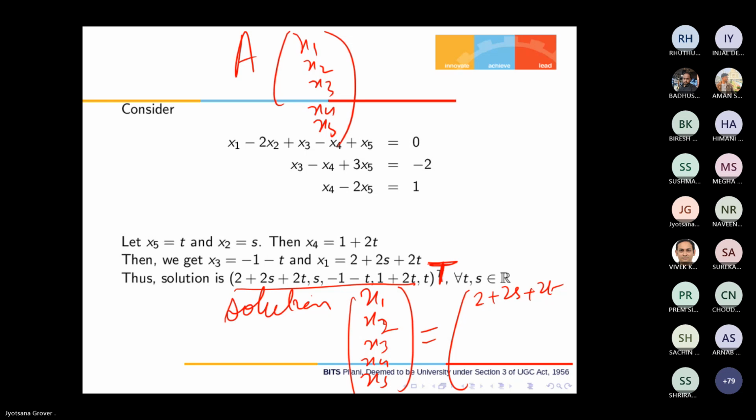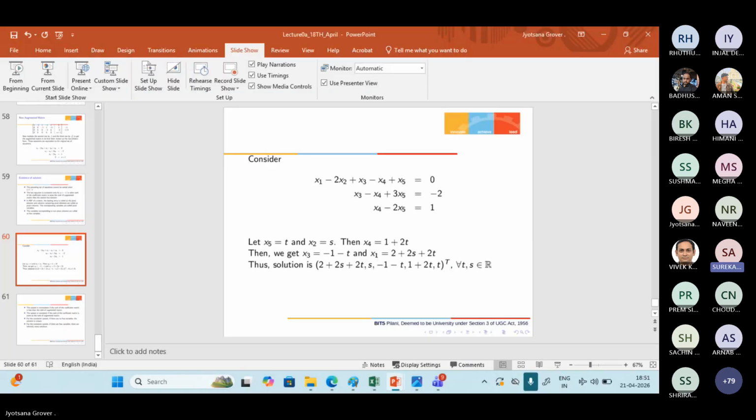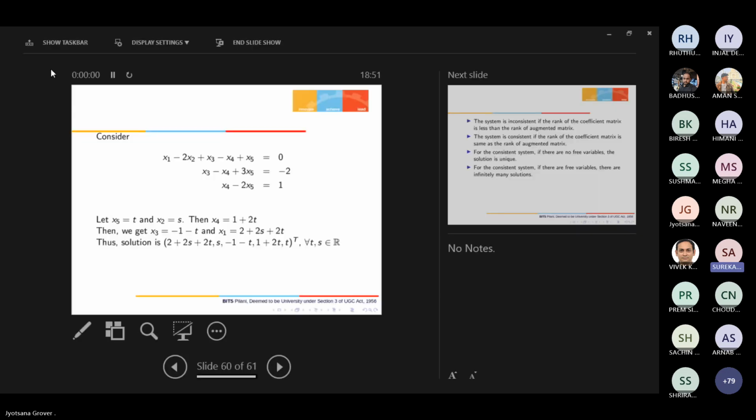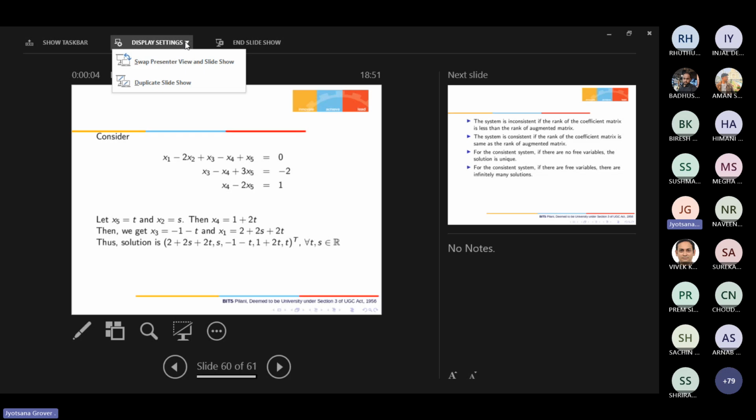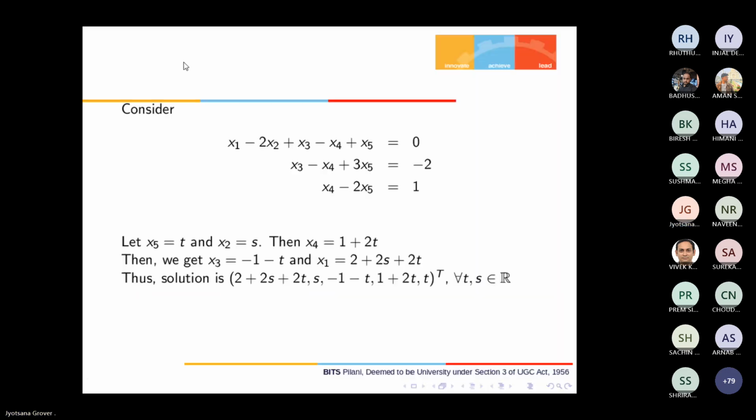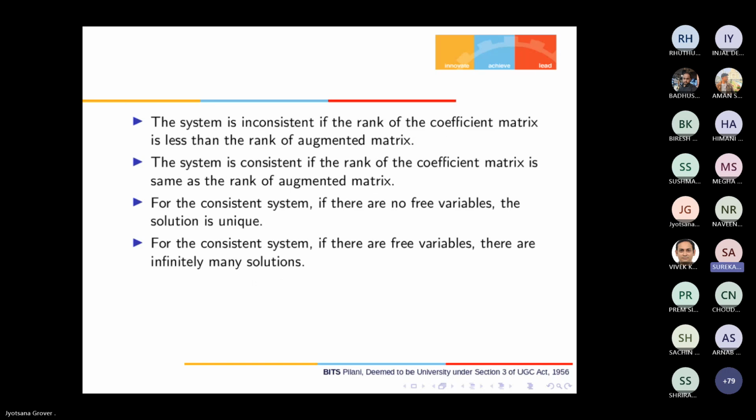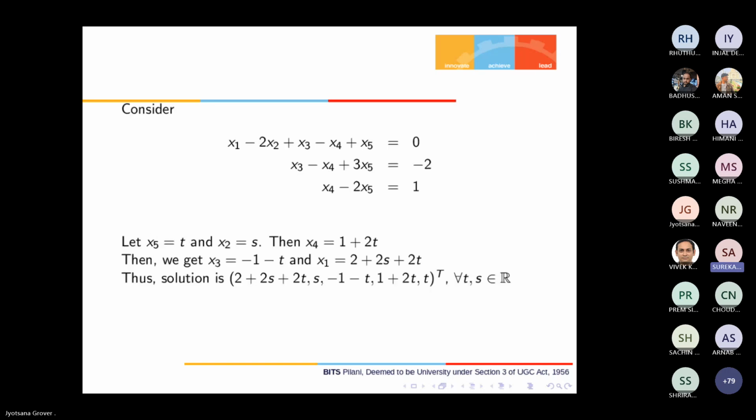Ma'am, can you please tell me what you told for the E and R? The symbol after "for all t, s"? Okay, I got your point.